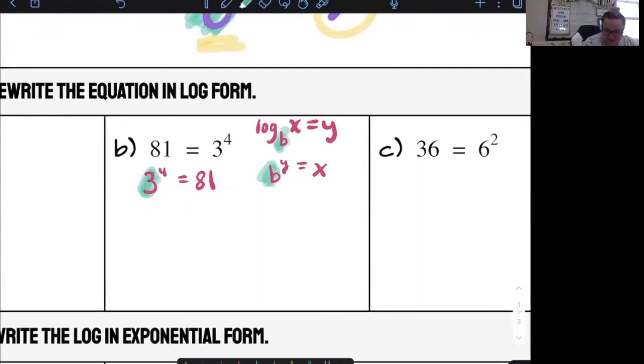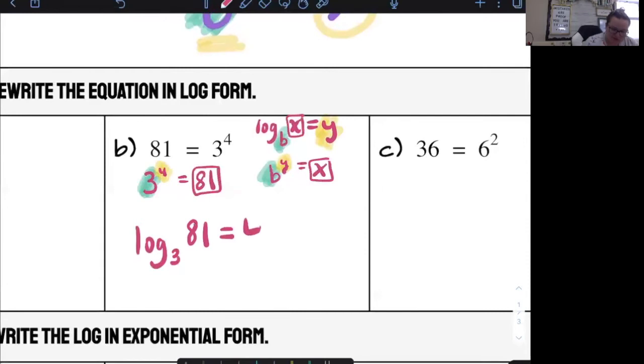So that's going to be the base of our log. Log base 3 of, and then what goes into the log is what the power is equal to. So that's the 81. So the log base 3 of 81 is equal to, and then your exponent 4 is what the log is equal to. So the exponent is what the log is equal to. Log base 3 of 81 is equal to 4.